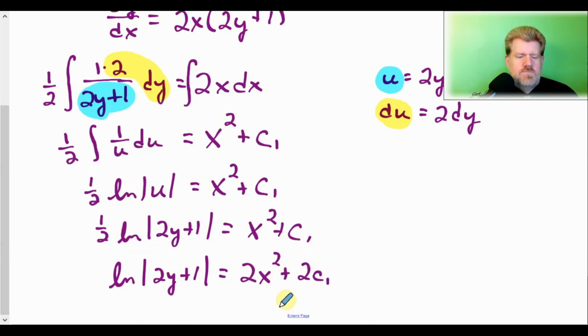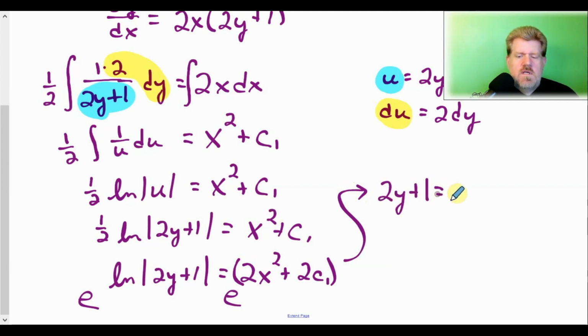All right. Now let's do the e thing to it. I'm going to e to all of this. So e to the natural log, this is just 2y plus 1.